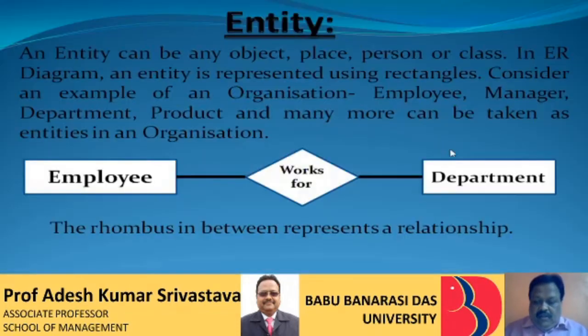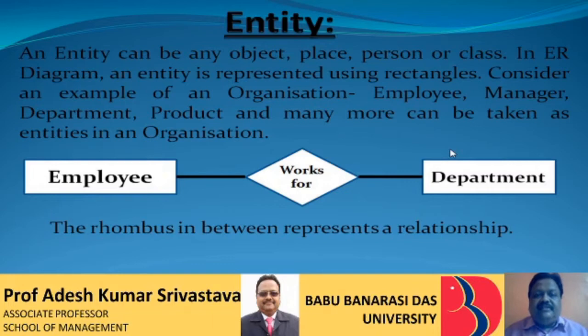Now, what is an entity? An entity can be any object, place, person, or class. In an ER diagram, an entity is represented using rectangles. Consider an example of an organization: employee, manager, department, product, and many more can be taken as entities in an organization.